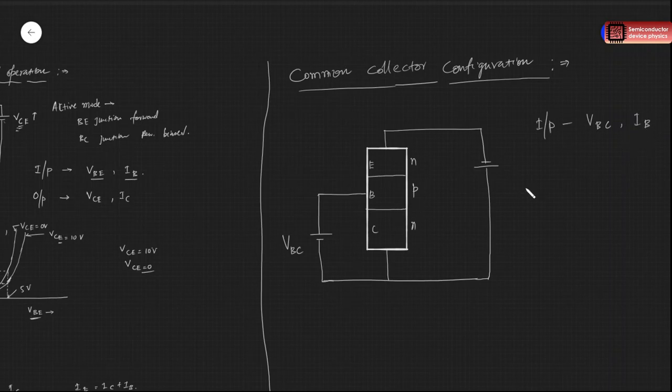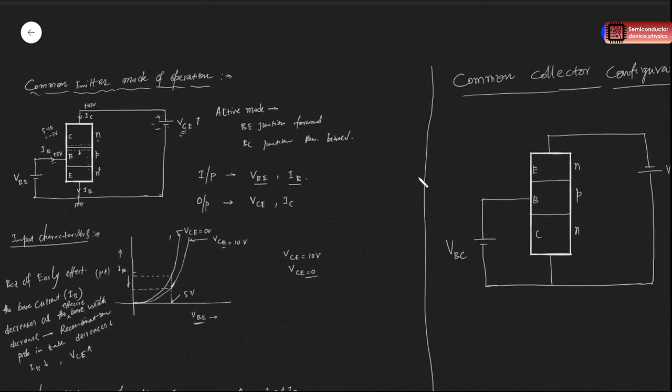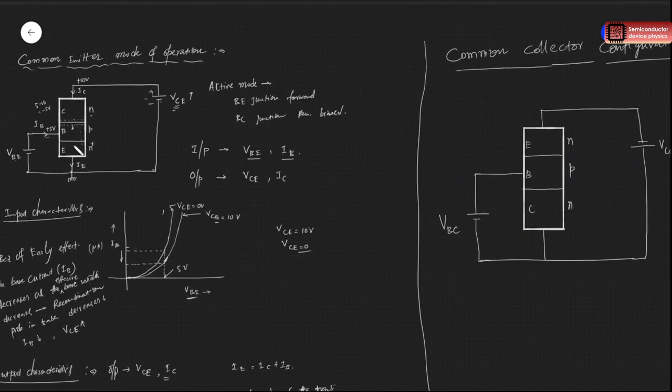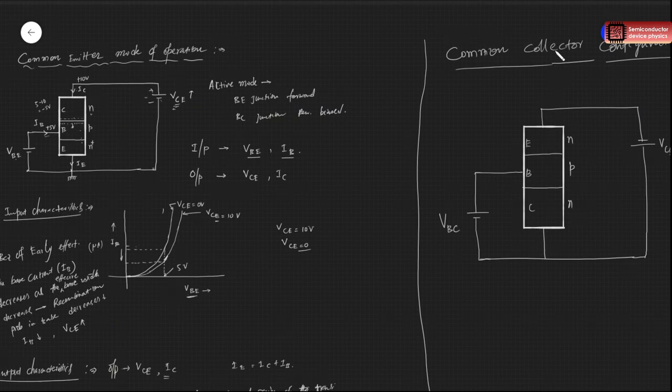The current is the same IB, and in the output parameters we have VCE, right? This one VCE, and the output current we have IE. So you can see in this condition what happens is our emitter and collector terminals just got interchanged compared to the common emitter case, right? So common emitter and common collector, if you see, only the emitter and collector terminals have just got reversed, right?